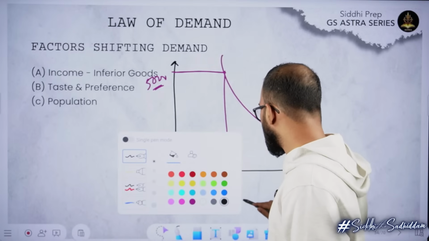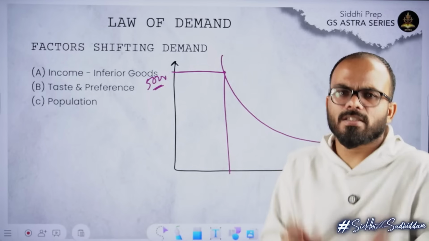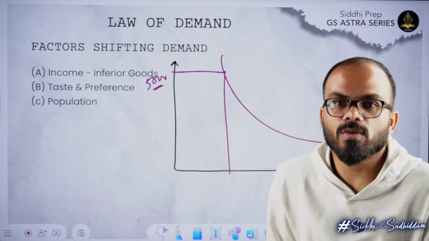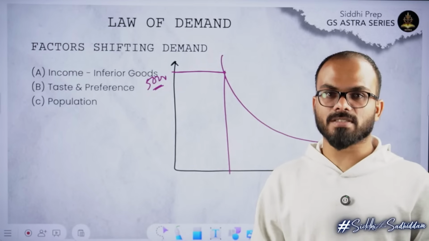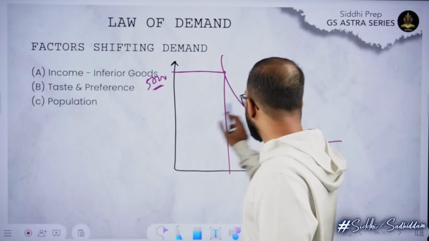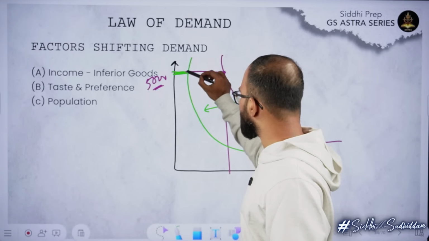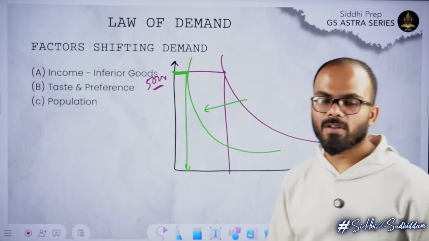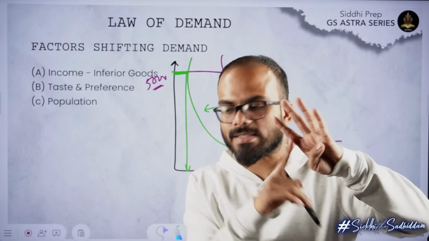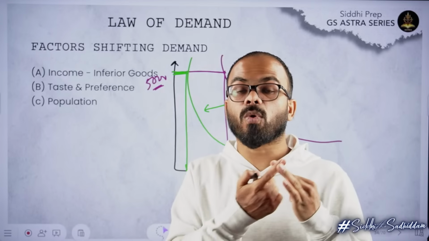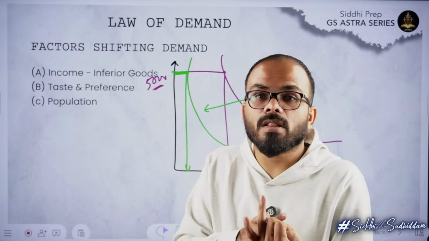After 6 months, after 8 months, the trend is gone. There is a new trend, new taste preference among people. Then obviously the demand curve will come inside. Nobody will want to put 5,000 rupees on this. The demand will come down. So your taste preferences, population, quality of the good, all these things will matter.